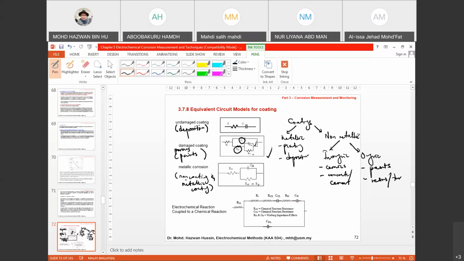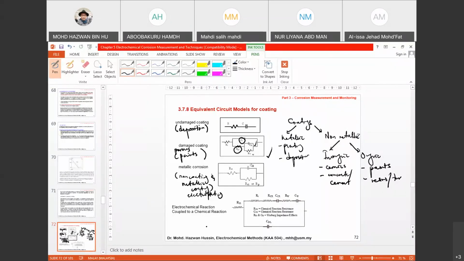And for metallic corrosion, I told you for non-coating, okay, so metals that are not coated that we have seen in the past slides, and also for electroplating. Metallic coating is electroplating. For electroplating samples, normally the type of circuit we'll use is like this.